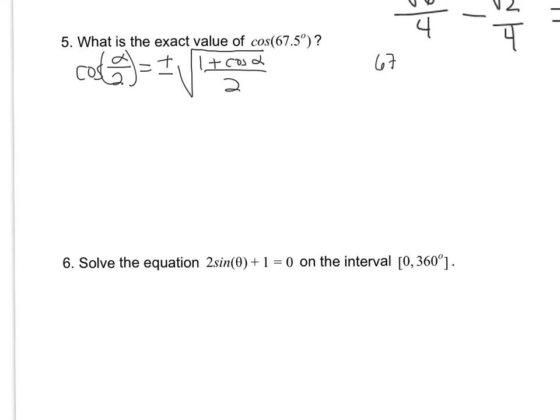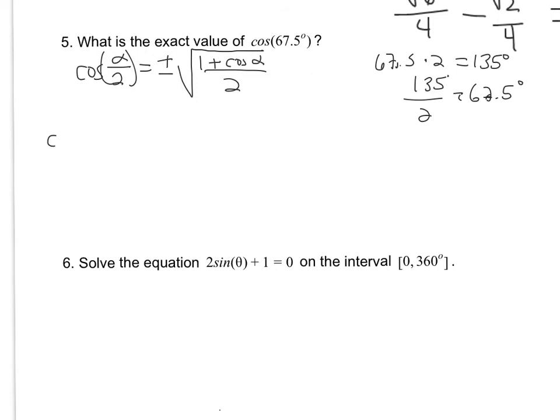Well, if I take 67.5 and I multiply it by 2, I get 135. So 135 cut in half is 67.5. So I can use this formula just using 135 as my alpha.